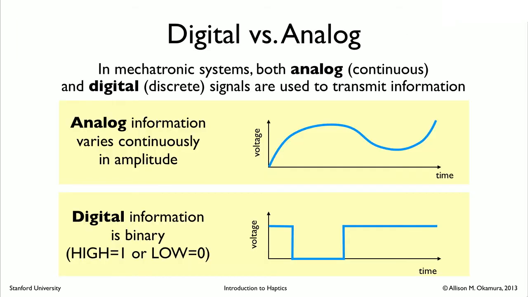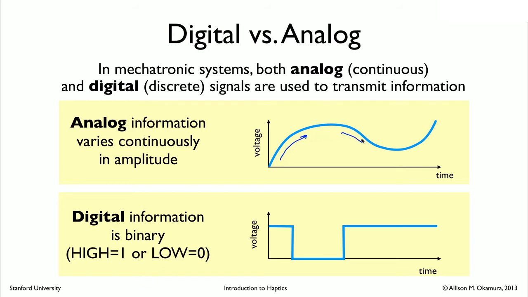So it's important to understand the difference between digital and analog signals. In mechatronic systems like the hapkit, where you are dealing with both electrical systems and mechanical systems, you really need to understand both analog or continuous as well as digital or discrete signals, because both types are used to transmit information. An important thing about analog information is that it continuously varies in amplitude.